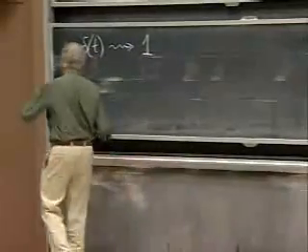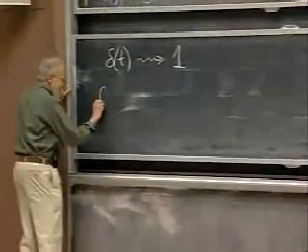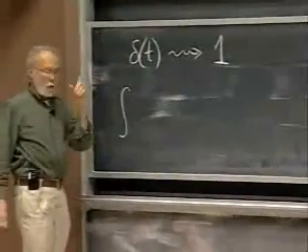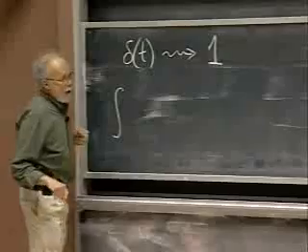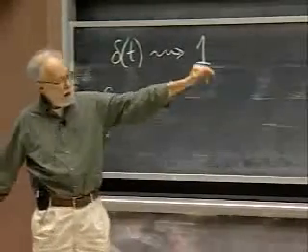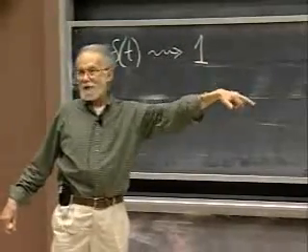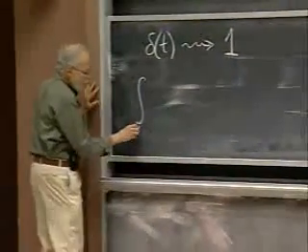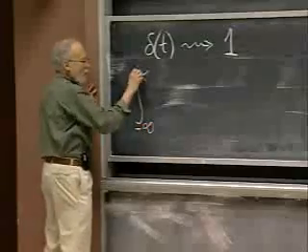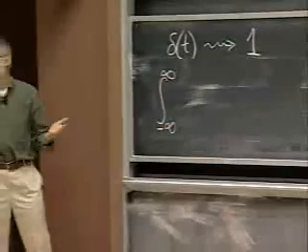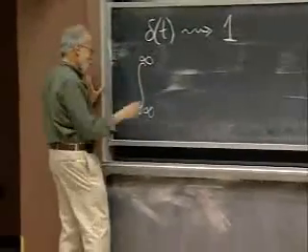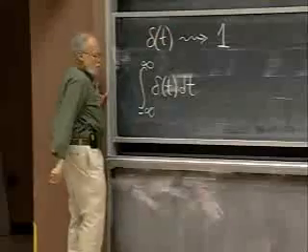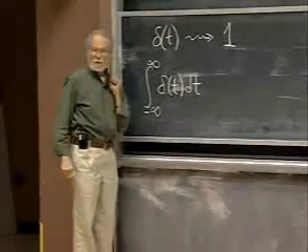Well, it's done by the following formula: the integral, the total impulse of the delta function, should be 1. Now, where do I integrate? Well, from any place that it's 0 to any place that it's 0 on the other side of that vertical line. But in order to avoid controversy, people integrate all the way from negative infinity to infinity, since it doesn't hurt. It's 0 practically all the time. So this is the function whose Laplace transform is 1, and its integral from minus infinity to infinity is 1.